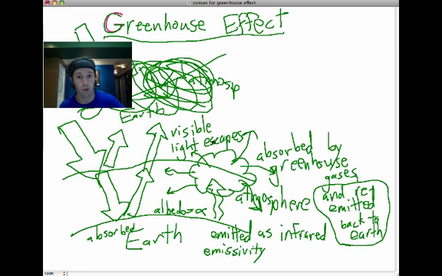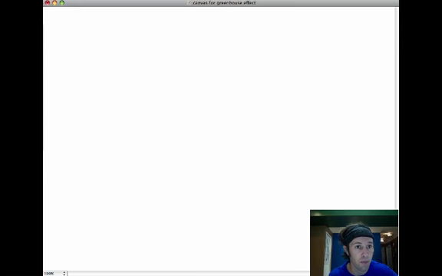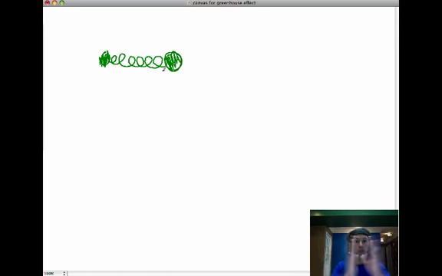Let's explode all this, and let's learn a little bit about why these greenhouse gases are absorbed. You've got, let's say, one atom and another atom, and these are two atoms that are bouncing around on a spring. Boing, boing, boing. They're going like this at a certain frequency, let's say.